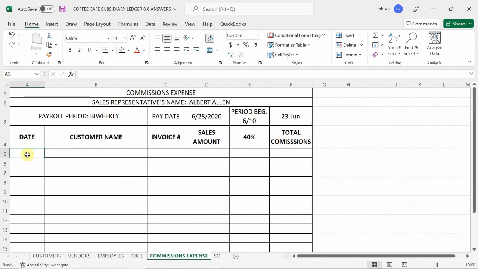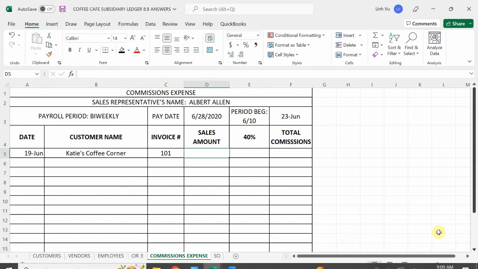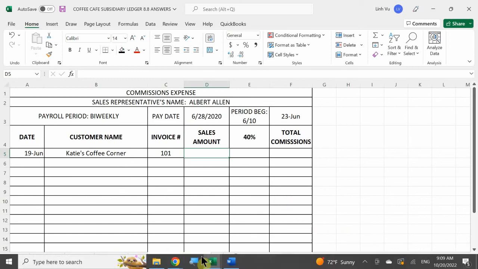So what's today's date? 19. Who did we sell to? Katie's Coffee Corner. What was the proof, what invoice did we use? 101. For how much? How much was the invoice marked for? 219.05.